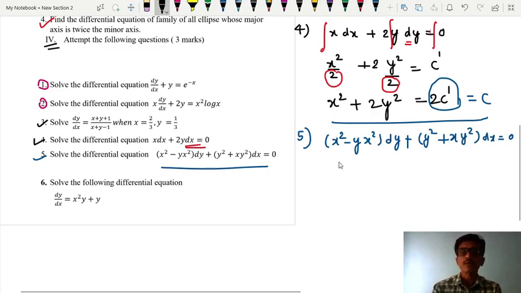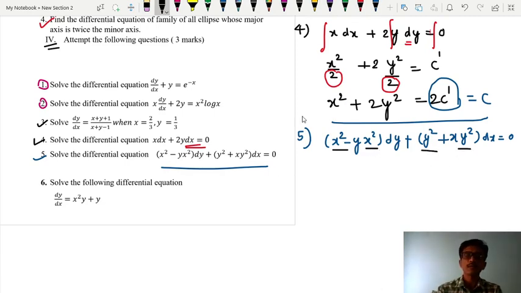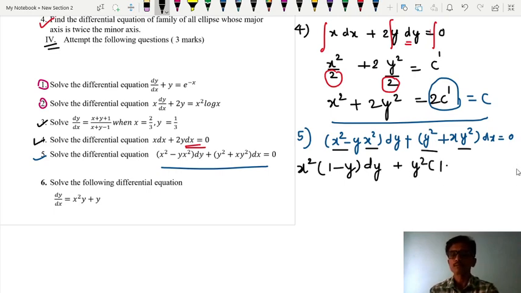See this x square here, y square here. We can take x square common from here, 1 minus y into dy plus y square into 1 plus x dx.